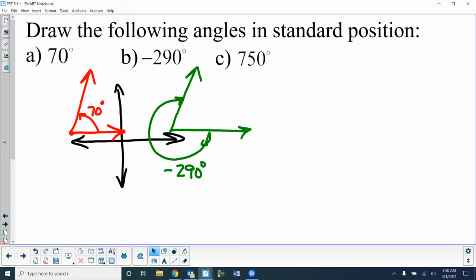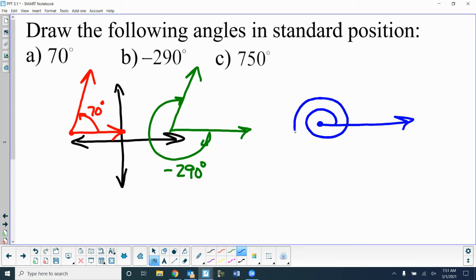The third one, let's go a different color. We start here at 750, where we start our initial side. And 750 positive, so I'm going to start going this way. One time around is what? 360. What would two times around be? 720.